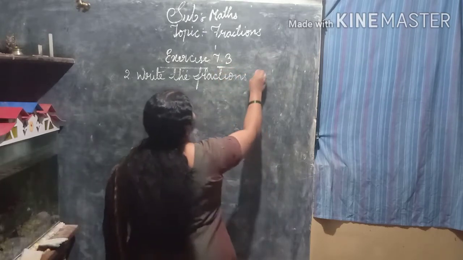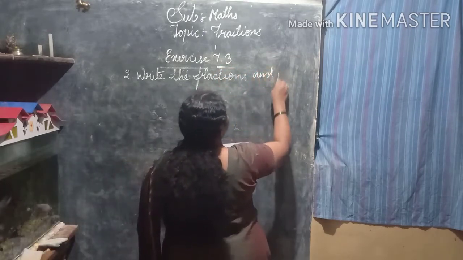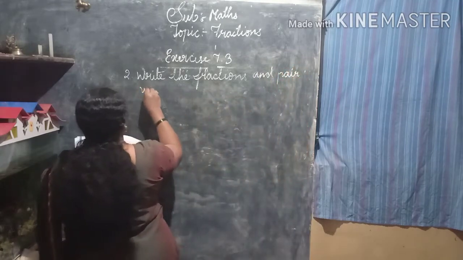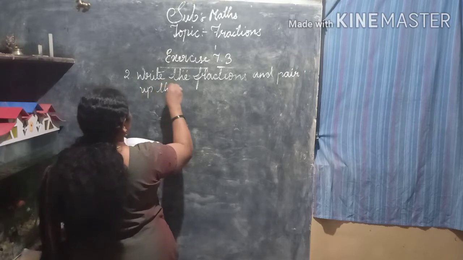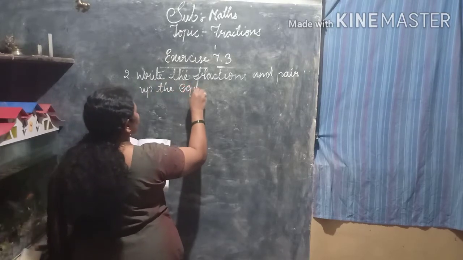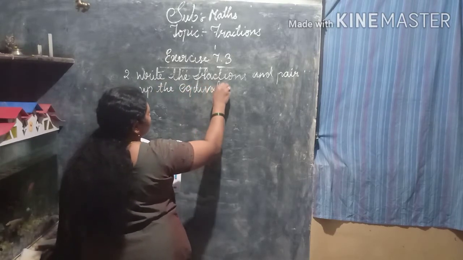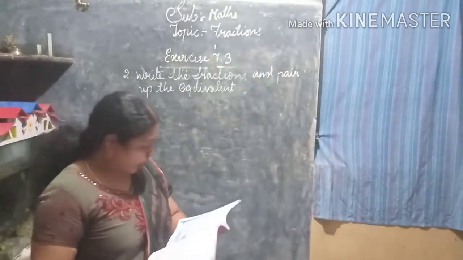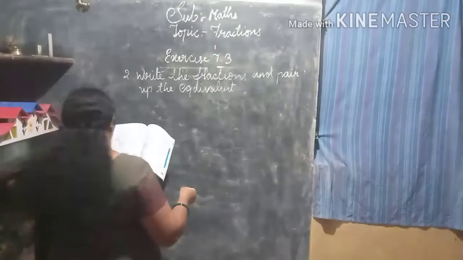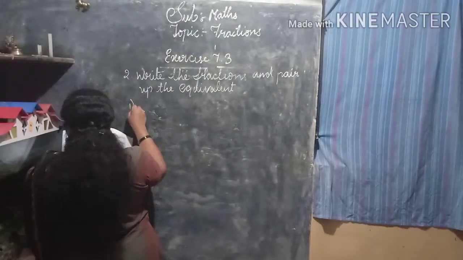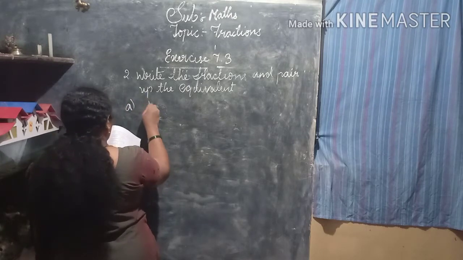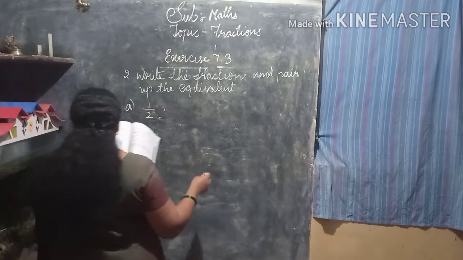Write the fractions and pair up the equivalent. So let us see the first one. First one is nothing but, that is A. Let us write it as A. A is 1 by 2.